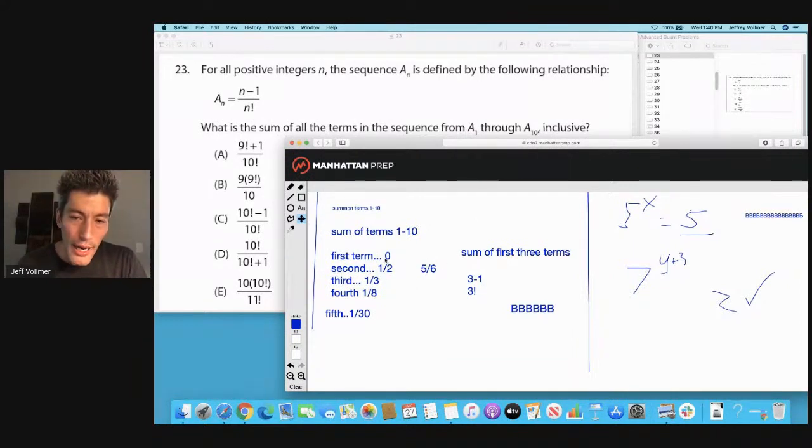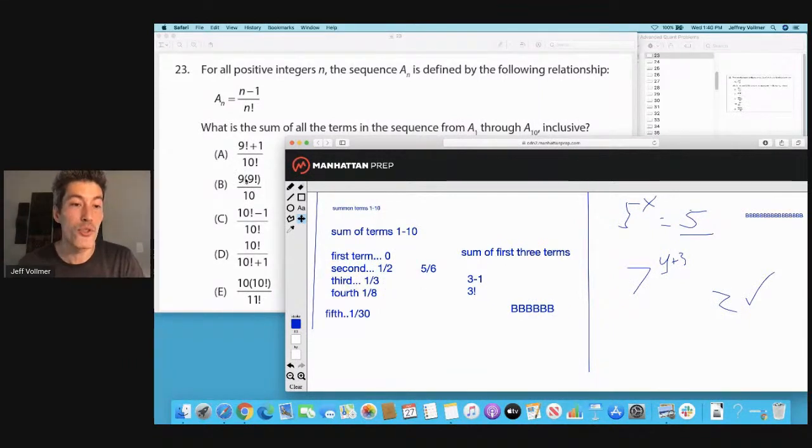So I reimagined this problem as through A3, the third term, and that would be 5/6. And then I tried figuring out what the corollary would look like if the third term was the final term.